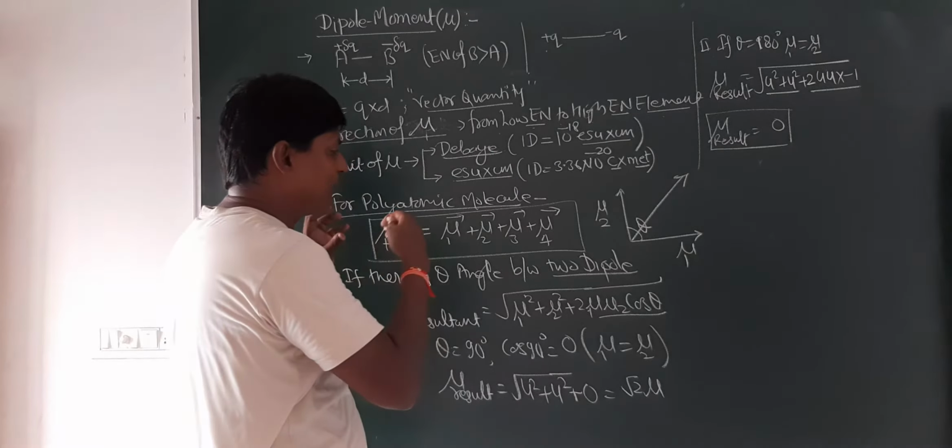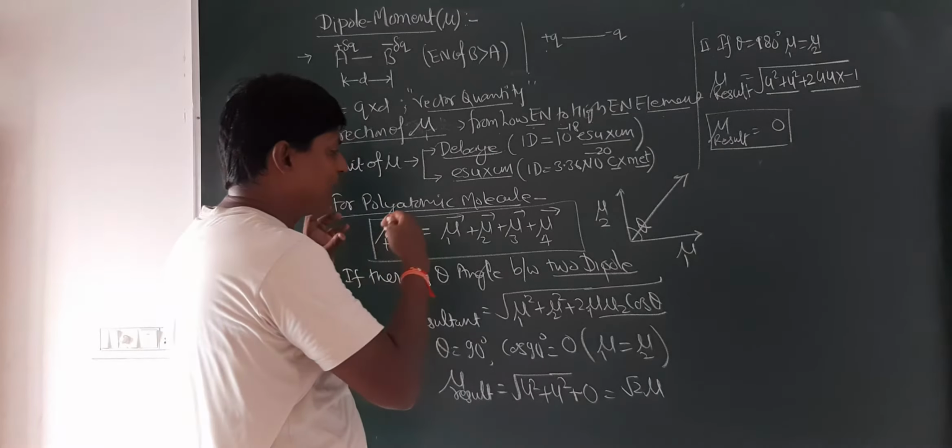And dear students, remember one thing: if there is tetrahedral geometry, what is tetrahedral geometry? Like this. It means there will be a tripod like 1, 2 and 3, just like the tripod of a camera.